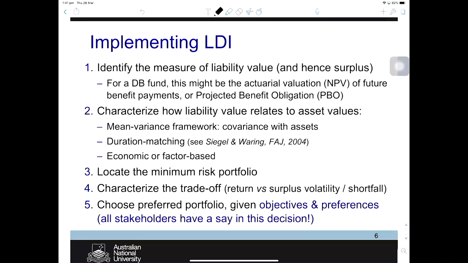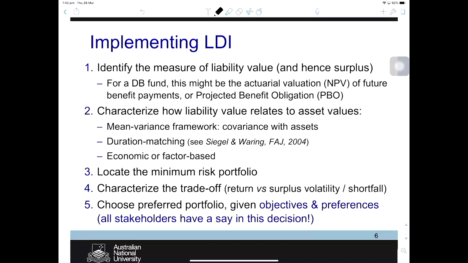Telstra's DB fund uses this duration match, but they employ a quite simple, straightforward duration match of the nominal bonds. Actually, for DB funds, the projected liabilities have real interest rate duration and inflation duration. So that's why in a lot of DB funds, they have a very particular group of people working on the management of their fixed income portfolios.